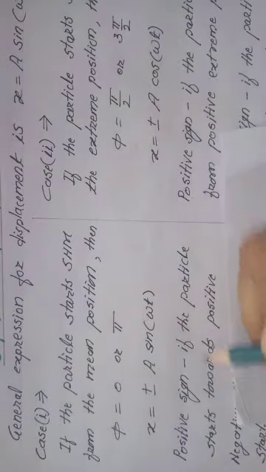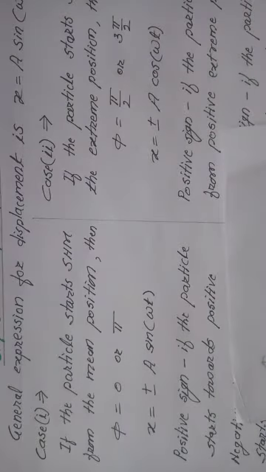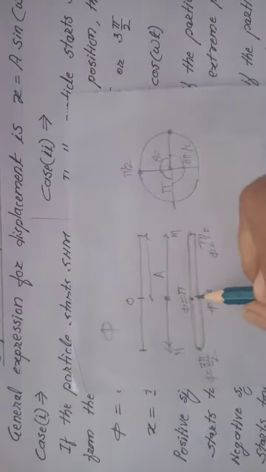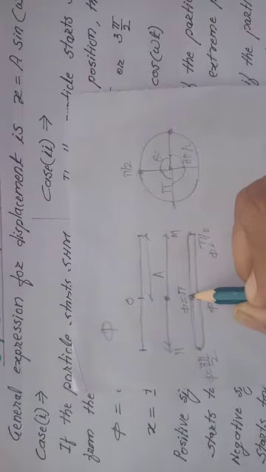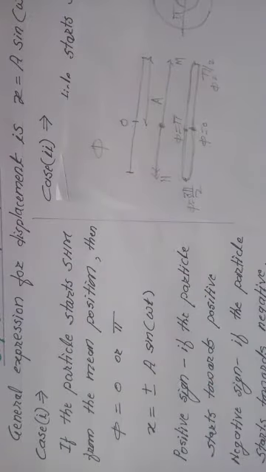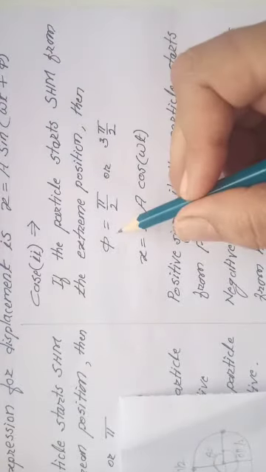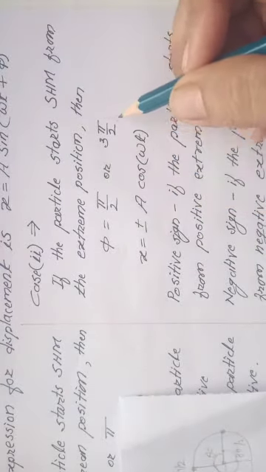The positive sign is taken when the particle starts from the mean position and moves towards the positive side, and if the particle starts from the mean position and moves towards the negative side, the displacement will be taken negative. Now if the particle starts its SHM from the extreme position, then phi is equal to pi by 2 or 3 pi by 2.